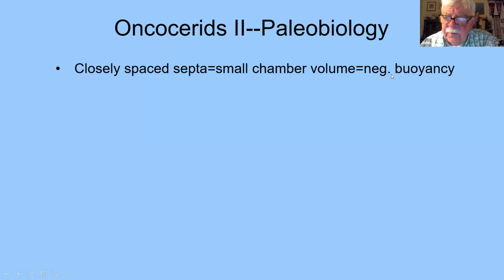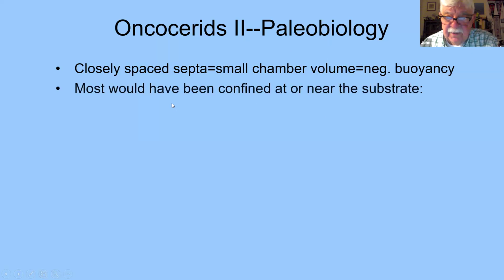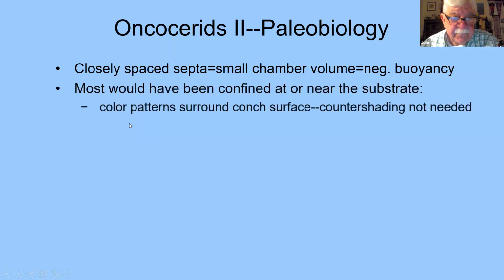These animals almost certainly lived on the substrate, the ocean floor, and they did not swim like the straight-shelled that have deposits that counterbalance the buoyancy effect of the gas. Most would have been confined at or near the substrate.